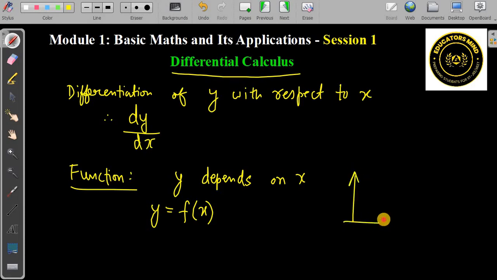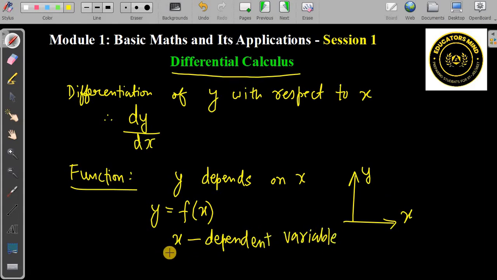Whenever you draw a graph, there is x and there is y. X is called independent variable, and y is called dependent variable, right?